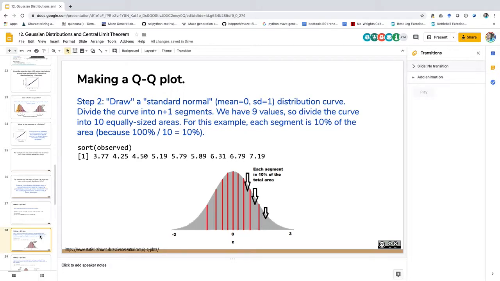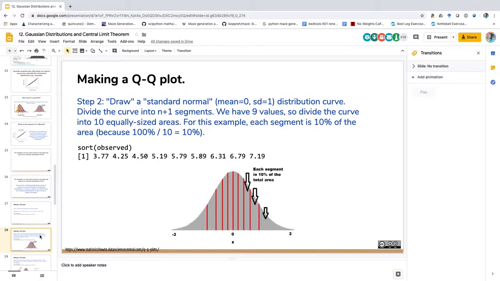And so we basically just know the ranges of the z-scores, the pair of z-scores that define each range in the standard normal. And all we're doing is plotting the values from our observed deciles against the theoretical values from the Gaussian deciles.